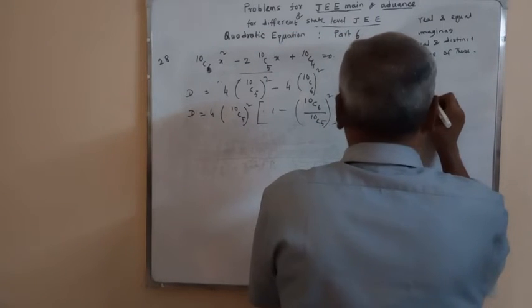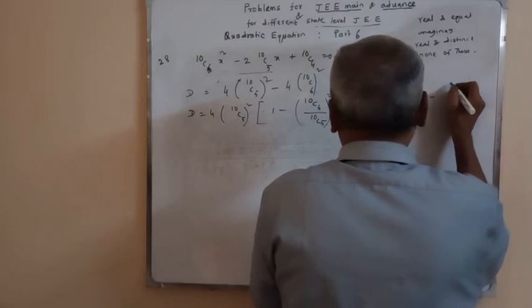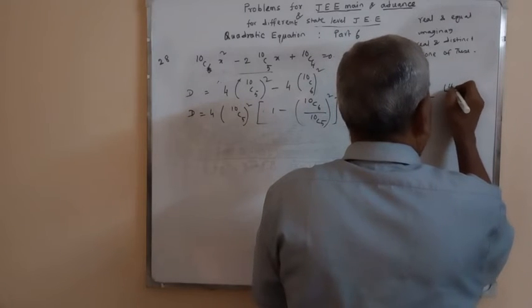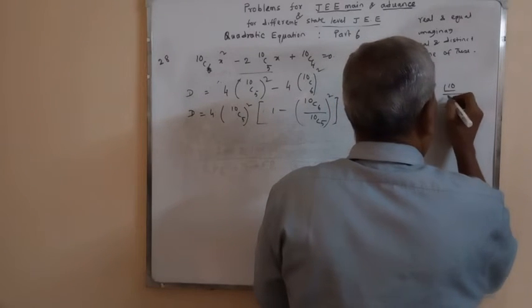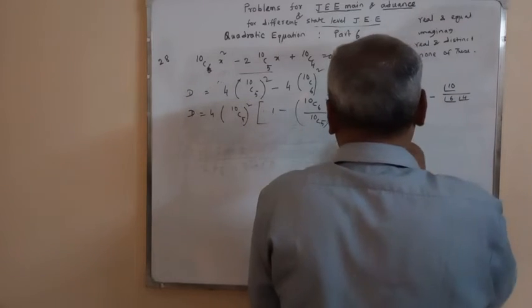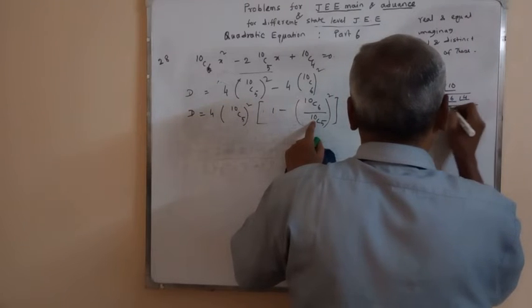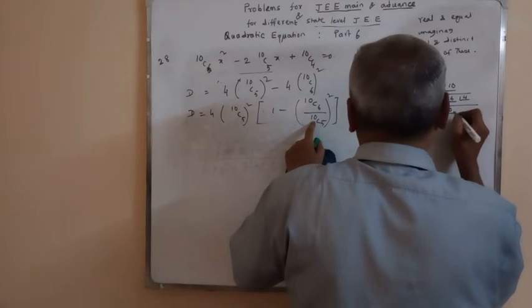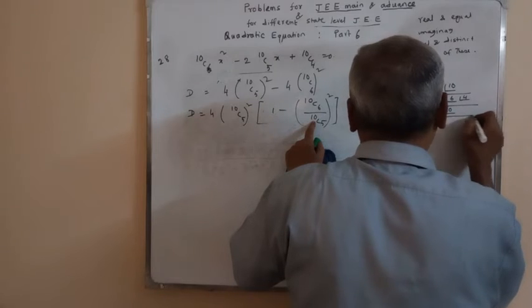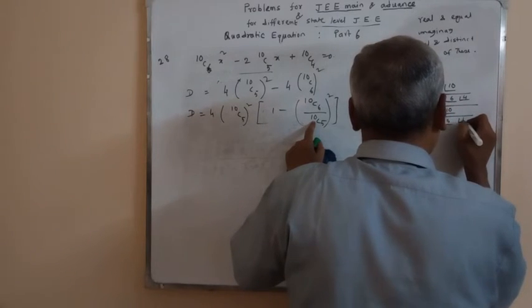It is 1 minus 10c6 by 10c5 whole square, that is factorial 10 by factorial 6 into factorial 4, whole divided by factorial 10 by factorial 5 into factorial 5.